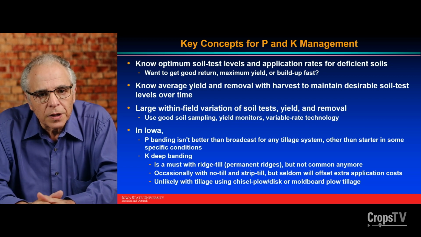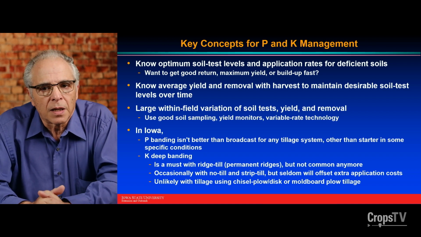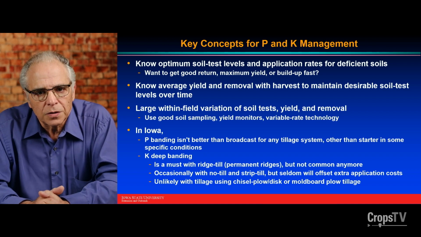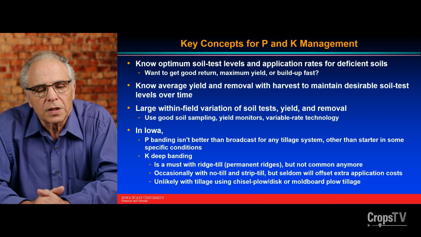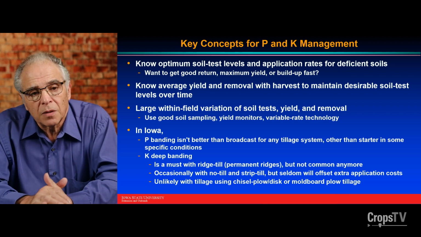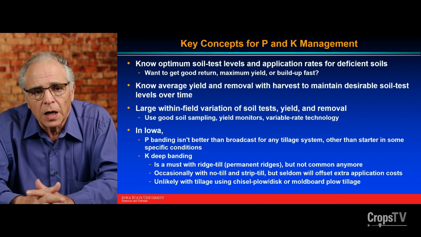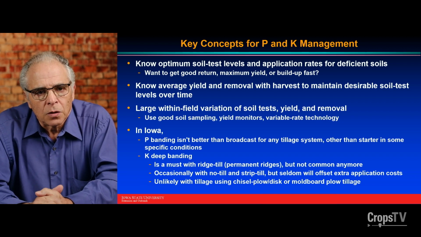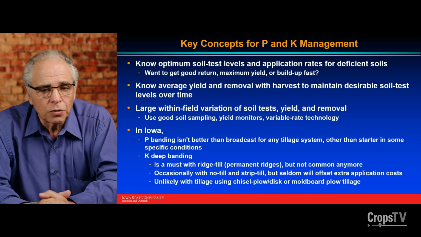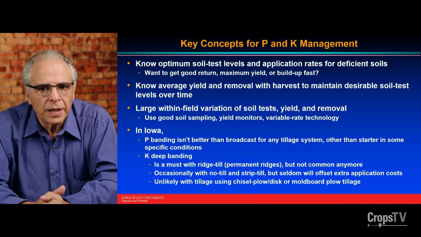We need to know the optimum soil test levels and application rates for deficient soils. And then, of course, the farmers or the consultants need to think about what it is they want. Do they want to get a good return, or maximum yield, or build up fast?